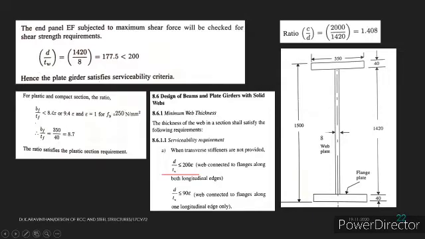So it comes in between 8.4 and 9.4. Hence this ratio satisfies the plastic section requirement. Now we have assumed the width of the flange and it satisfies the design guideline. Also the thickness of the flange satisfies the design guideline.